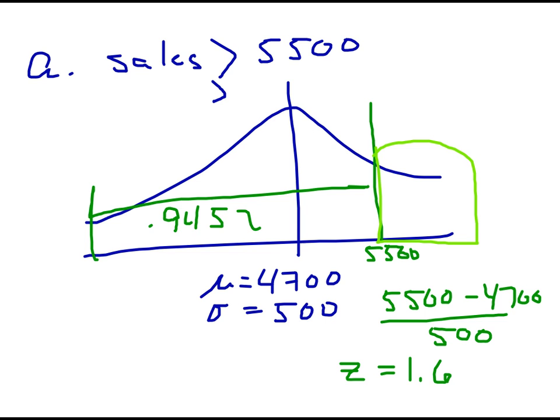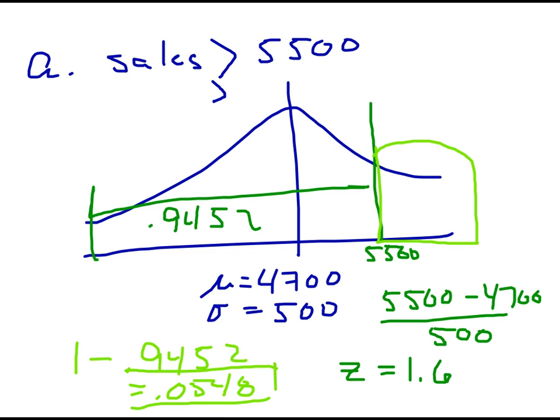So in order to get that, we take 1 minus 0.9452, which gives us 0.0548. So the probability of our sales being greater than 5,500 is about 5%.